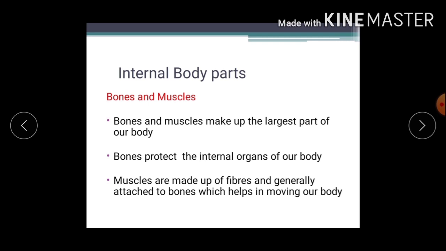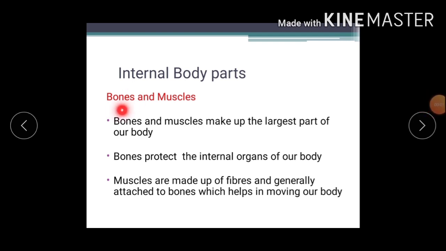So when the baby is born it has 300 bones, and a few bones gradually attach together, and finally we have 206 bones in the human body. So if someone asks how many bones are there in our human body, what will be your answer? Yes, you will say that we have 206 bones in our body.